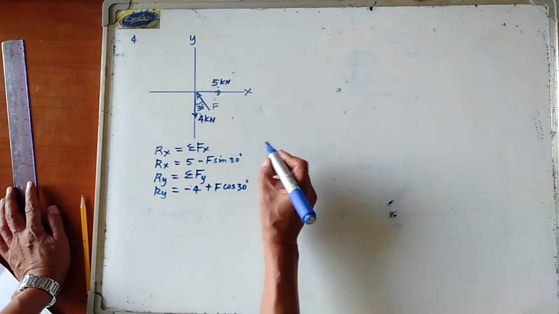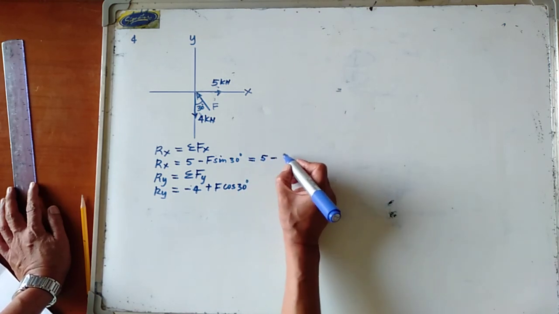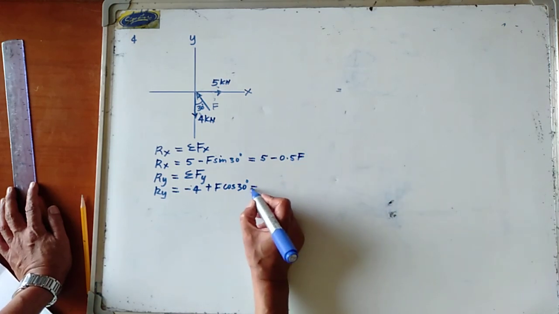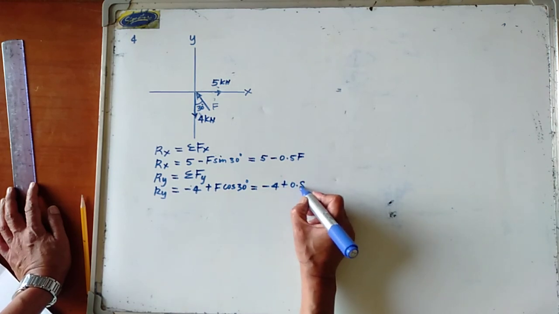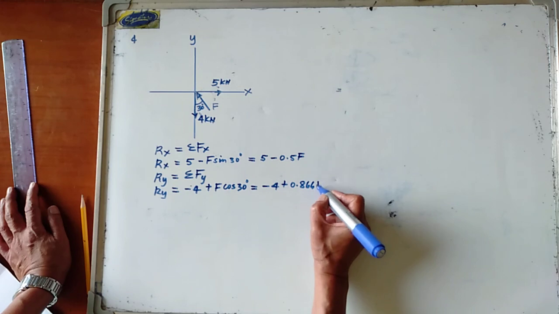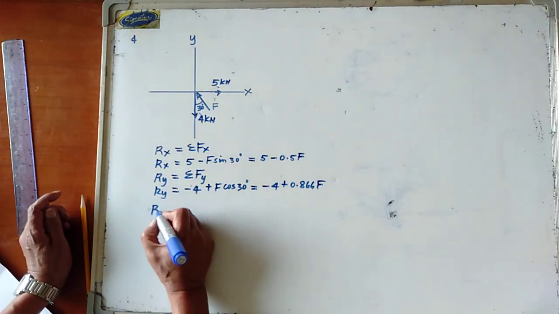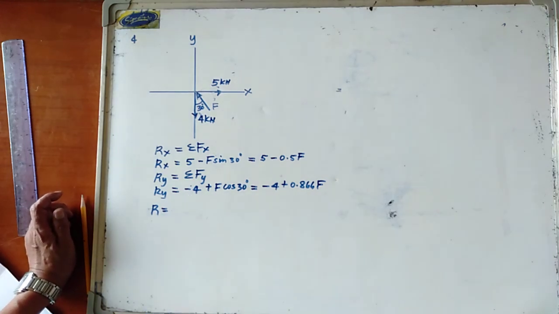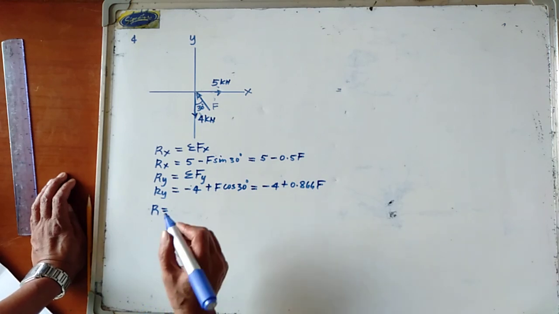So Rx is therefore equal to 5 minus 0.5 F, and Ry is negative 4 plus 0.866 F. Now, the value of the resultant R is equal to the square root of Rx squared plus Ry squared.